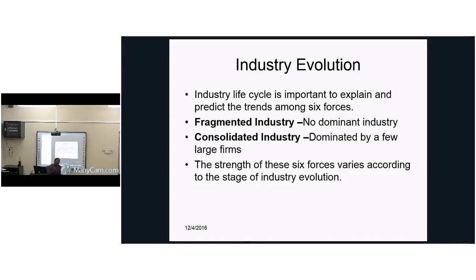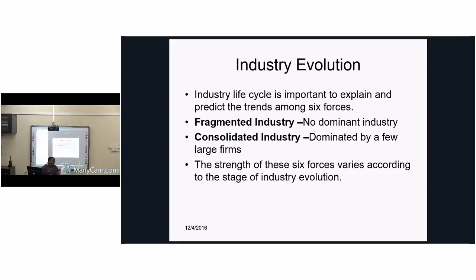The industry is fragmented, no domination. But in a consolidated industry, there are a few companies dominating, the major players, a few large companies.